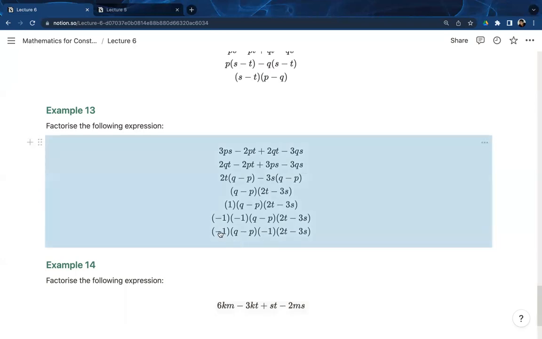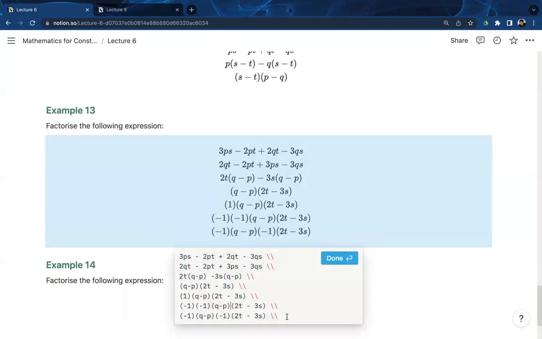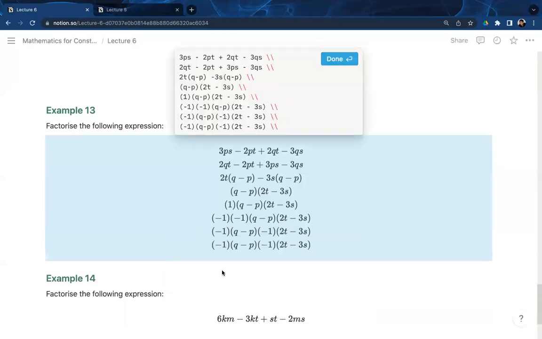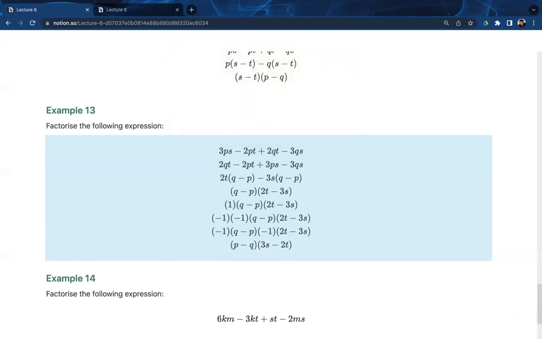Now this negative 1 by Q minus P, that's essentially what you have. You have P minus Q, right? And the negative 1 by the 2T minus 3S is the 3S minus 2T. See that?